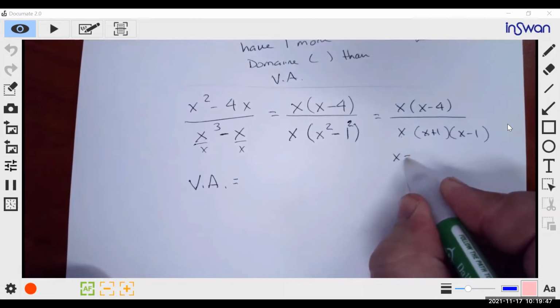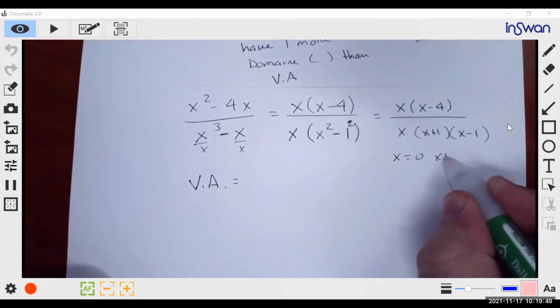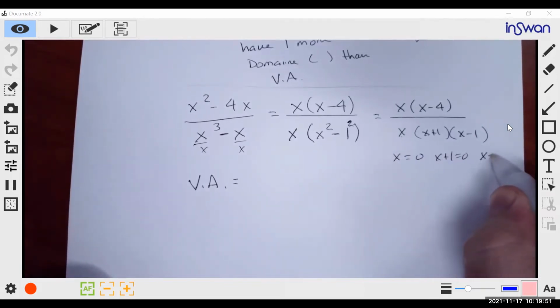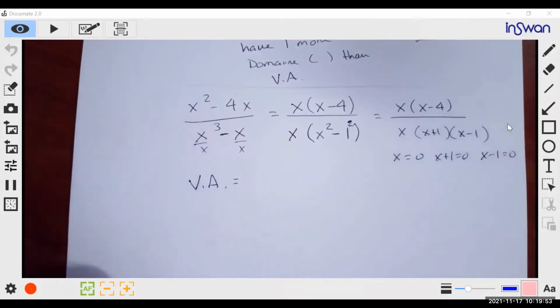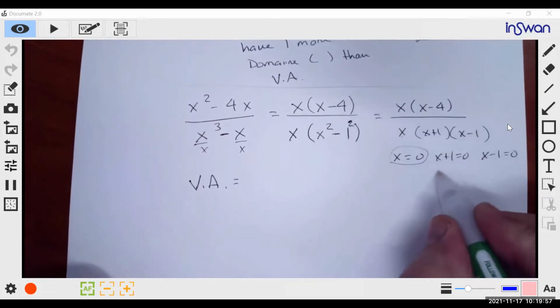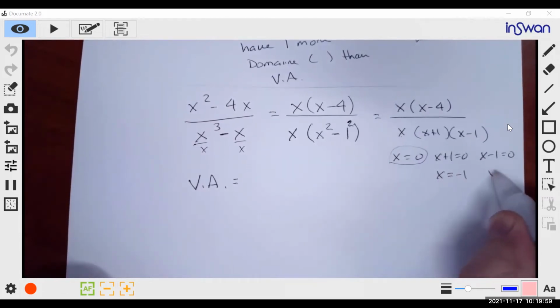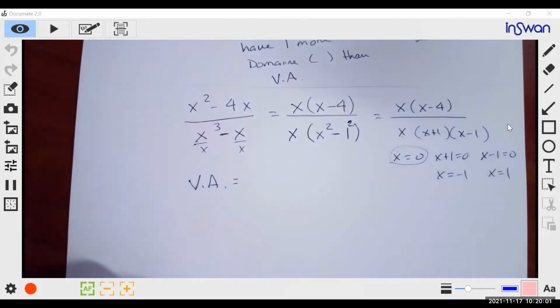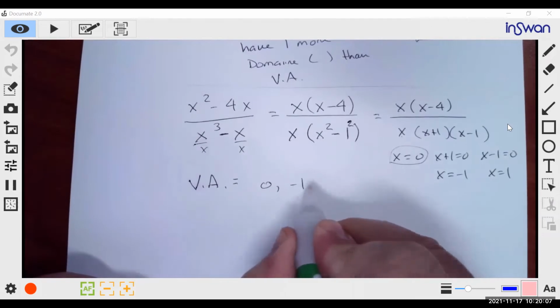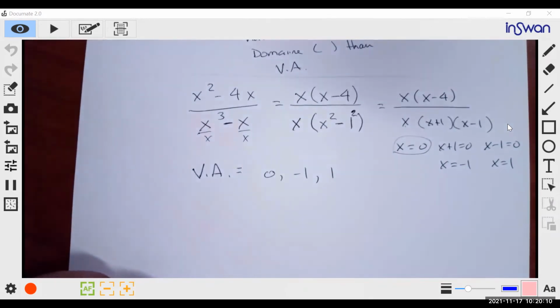Anywhere you see an x, you set it equal to 0. So x equals 0, x equals -1, x equals 1. Again, those are where x cannot equal.